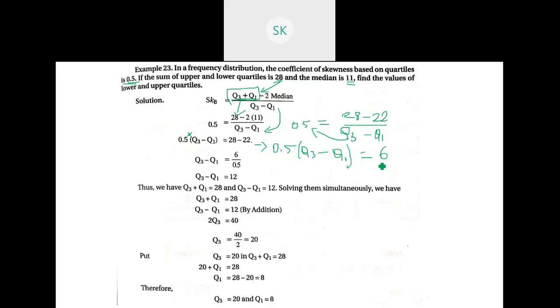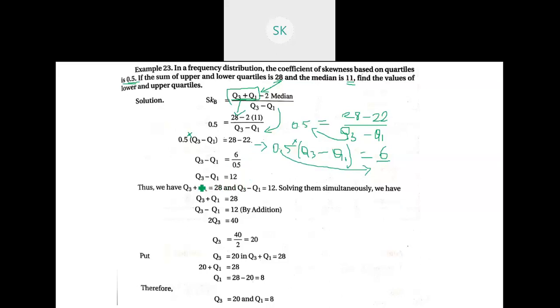Now I can take this 0.5 to the other side. Here it is multiplication, and when I take it to the other side, it will become division. So Q3 minus Q1 is equal to 6 divided by 0.5. 6 by 0.5 is 12, so Q3 minus Q1 is equal to 12.